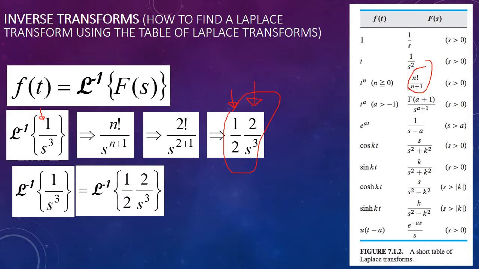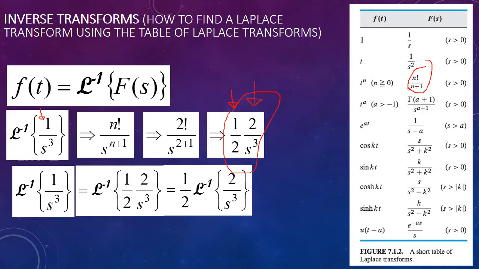So that's what I'm going to do. Now, using the property of inverse Laplace transforms, I can factor out a 1/2, and now I have a Laplace transform that shows up in the table, and that is equal to t squared. So over here it says that that is equal to t to the n, and our n is 2. So the inverse Laplace transform of 1 over s cubed is 1/2 t squared.